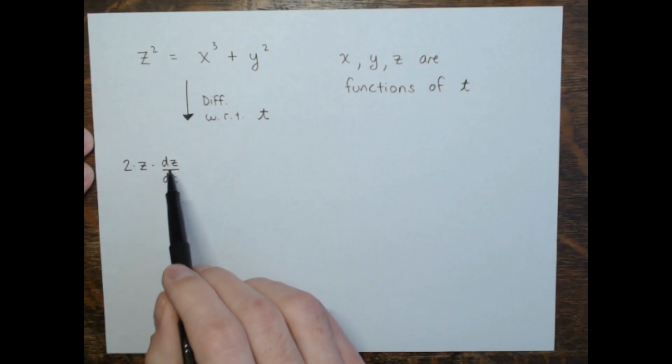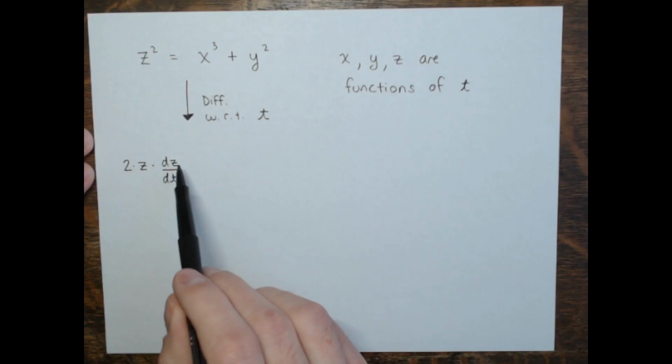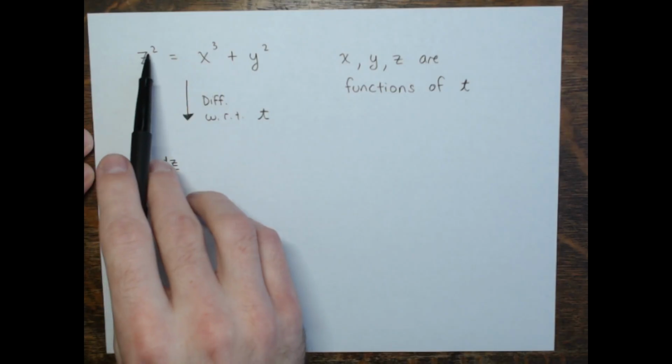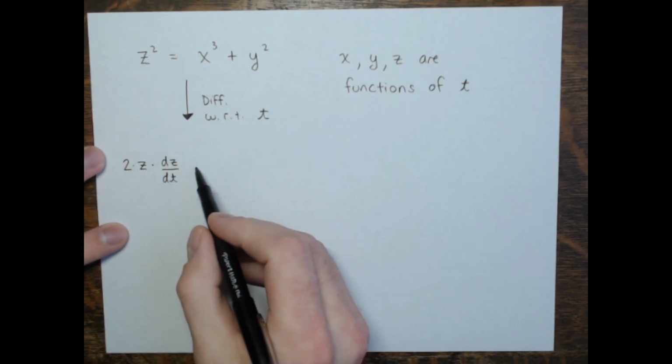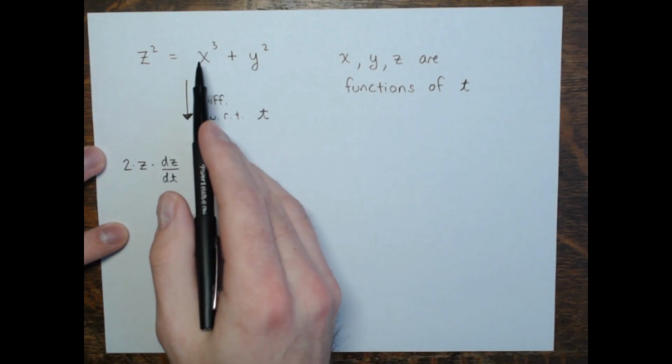I'll just write it out this way because that's the way they have it. And also this reminds you that z is a function of t. So that's what I'm getting on the left side, equals, and then I'm doing something similar for each of these terms here, right?